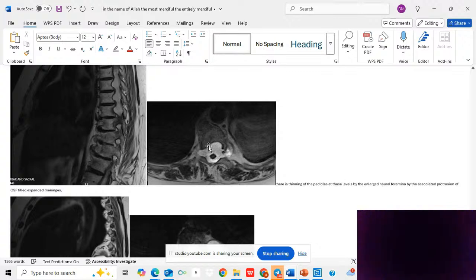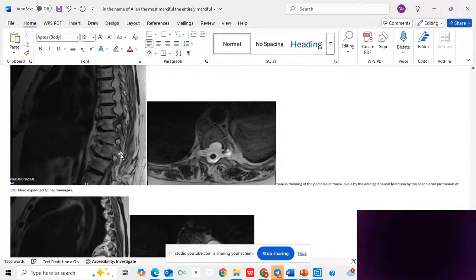By what? By the enlarged neural foramina. The thinning is caused by the enlarged neural foramina, and the enlarged neural foramina is caused by the associated protrusion of CSF filled expanded spinal meninges.